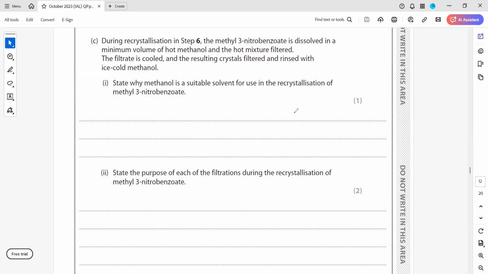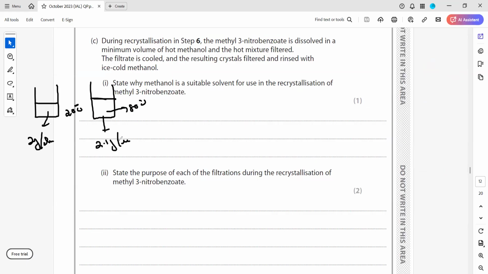For example, if there is no drastic change, let's say I have a methanol at 20 degrees, and the solubility is 2 grams per decimeter cube. When the temperature is high, say 80 degrees, the solubility might be 2.1 grams per dm cube. This is not a big change in the solubility, so this solvent will not be suitable.